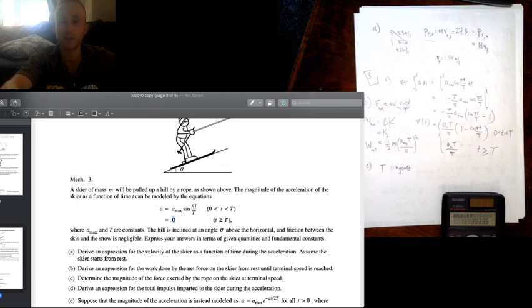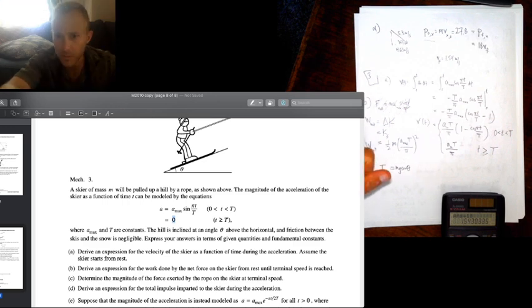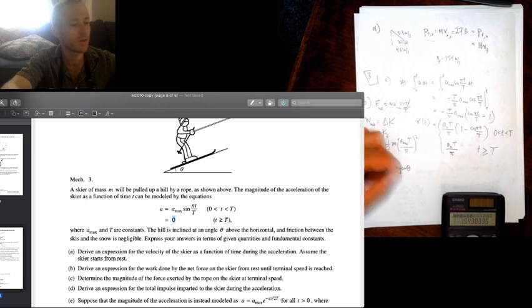So if we're at our terminal speed and the acceleration is 0, those two had better match each other. I don't see friction playing a role. Yeah, so that's a pretty simple part.